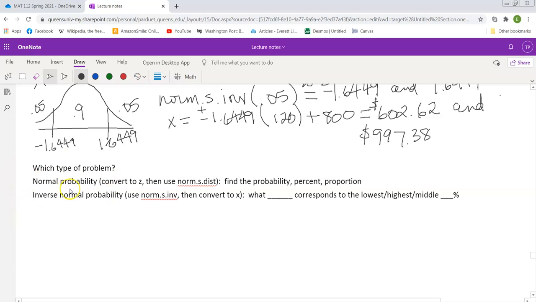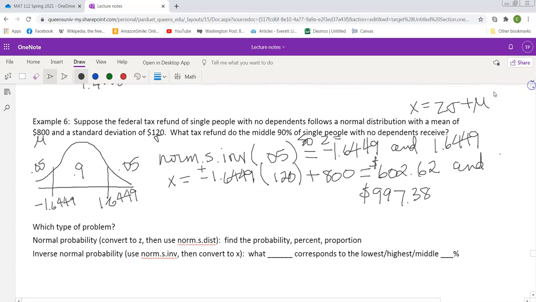For inverse normal probability, you start with norm.s.inv and then convert to x. The way you know it's that kind of problem is they're giving you the percentage. They're saying what, and I put a blank here because this is context dependent: what tax refund, what temperature, what dollar amount corresponds to the lowest, highest, middle, whatever percent.